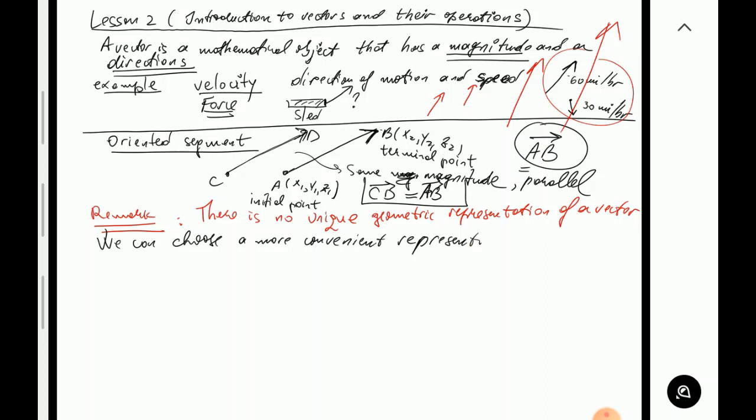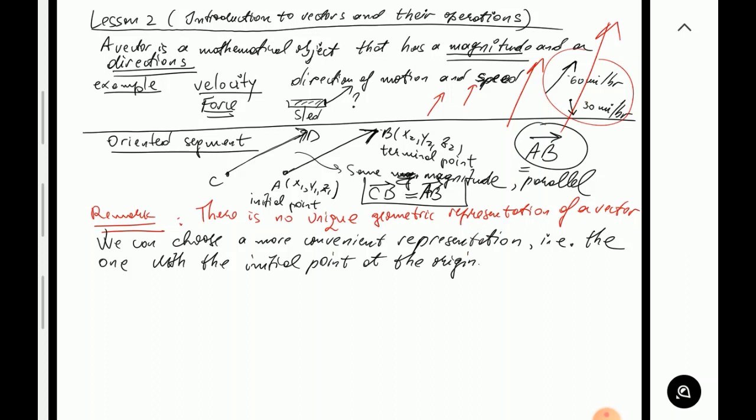And the most convenient one is the one that places the initial point at the origin of the coordinate system.